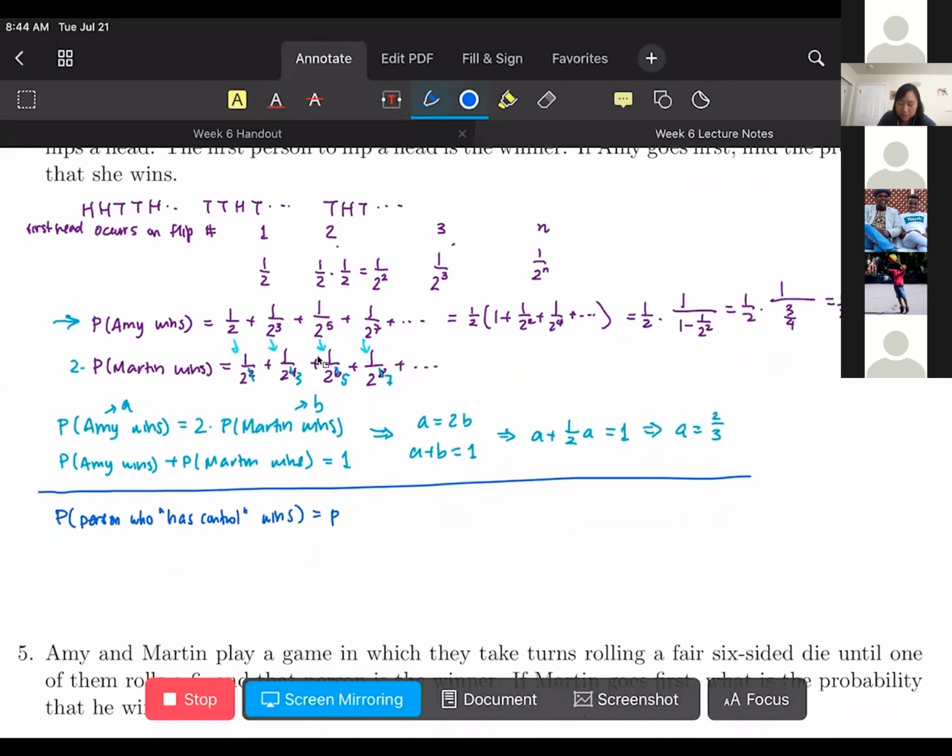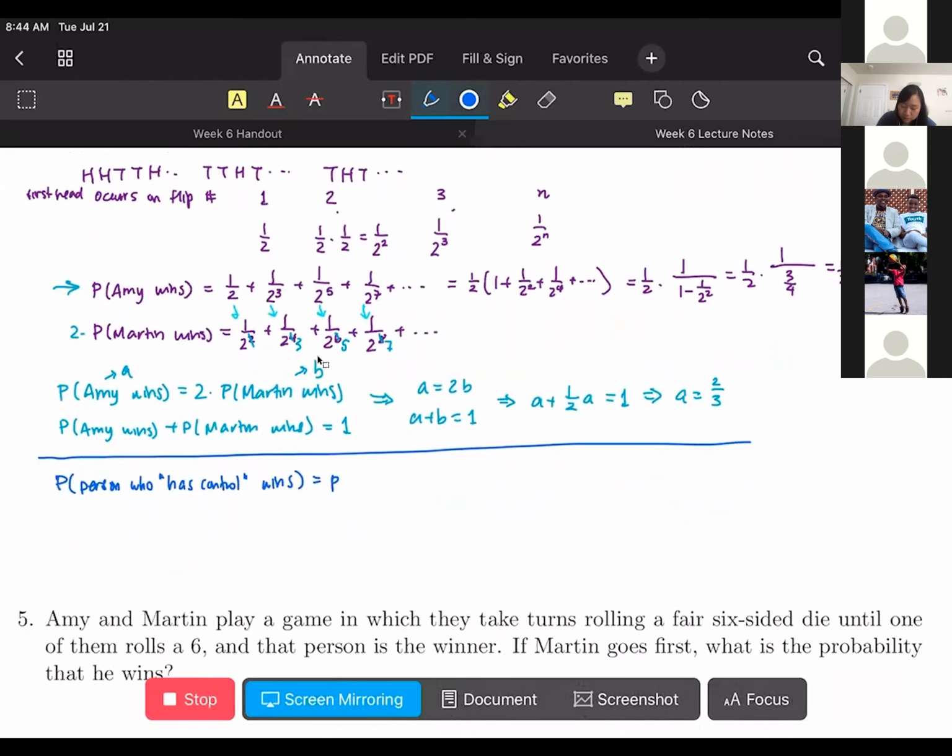And what happens when she flips? So the probability that she wins is, well, if she flips heads, then she will automatically win. So there's a 1/2 chance that she will flip a head and win. Also, there's a 1/2 probability that she flips a tails, and then she gives up control to Martin.